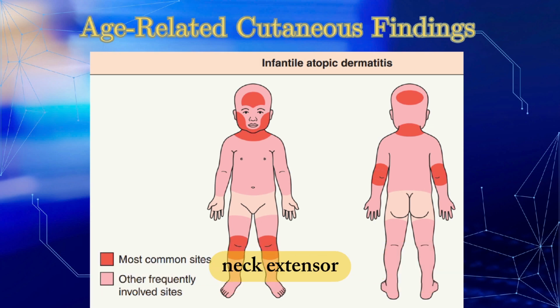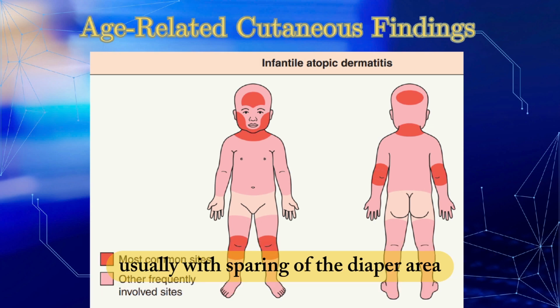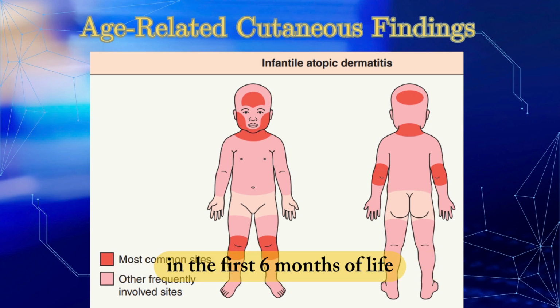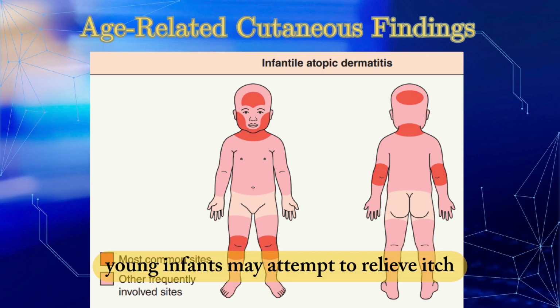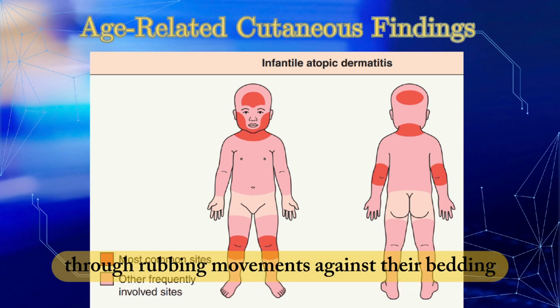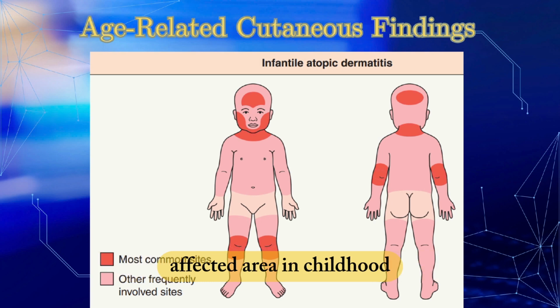The scalp, neck, extensor aspects of the extremities, and trunk may also be involved, usually with sparing of the diaper area. In the first month of life, the face is typically involved. Young infants may attempt to relieve itch through rapid movement against the bedding, whereas other infants are better able to directly scratch the affected area.